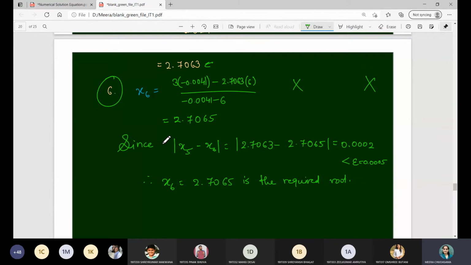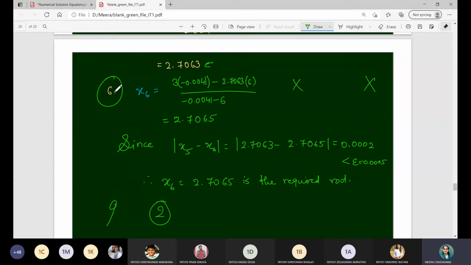If you remember the bisection method example, we went up to 9 iterations, and there we got the desired accuracy only up to 2 decimal points. Even after so many iterations we were getting precision up to only 2 decimal points, whereas in this method in the 6th iteration itself you got it correct to, sorry, 3 decimal places.